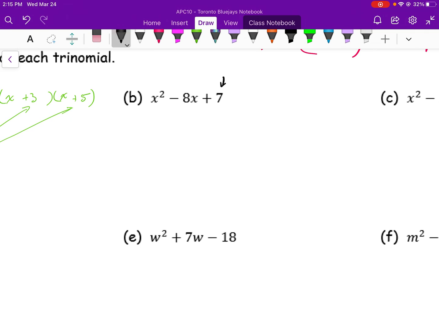Now, you tell me what two numbers have a product of 7 but sum to negative 8.